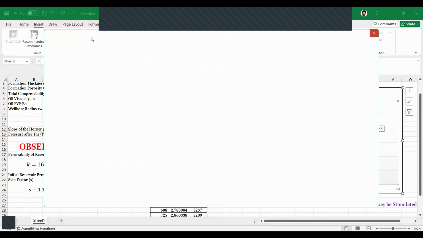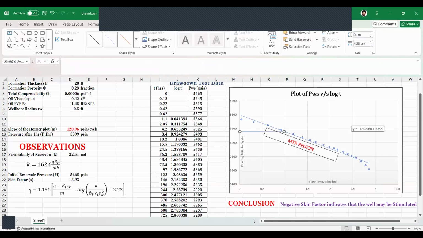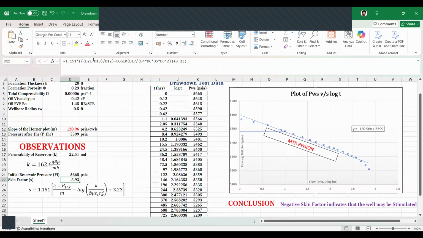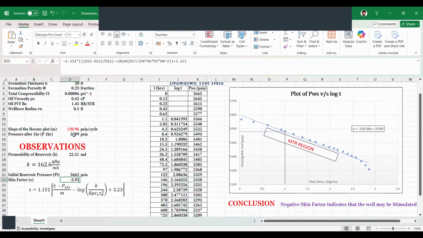Shapes, straight line. Yeah. So if I look at this formula, it will be D21 minus D13. So I have taken P after 1 hour, which is 5599.